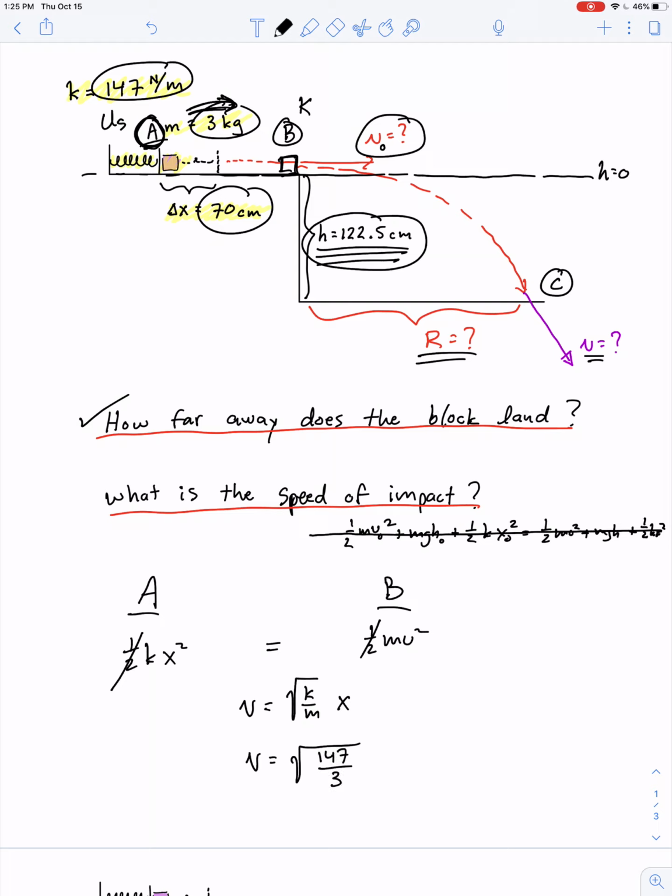Now let's be clear on the units. This is newtons per meter per kilogram. A newton is a kilogram meter per second squared. We're dividing that by meters and also by kilograms. Kilograms cancel.